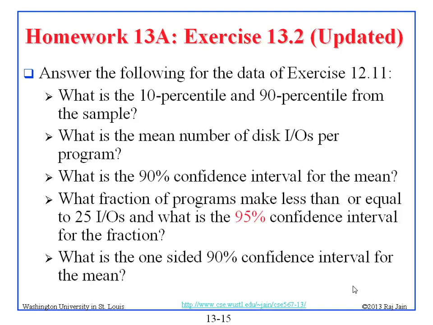So this homework you cannot do until we get to the fraction. So just hold on to that one. If we don't get to that fraction topic, then this will not be due. Now what is the one-sided interval for the mean? These two things, the one-sided one we are going to do in the next few slides, and the fractions a few slides after that. Maybe I should move the homework after those two things, but right now these three things you can do.